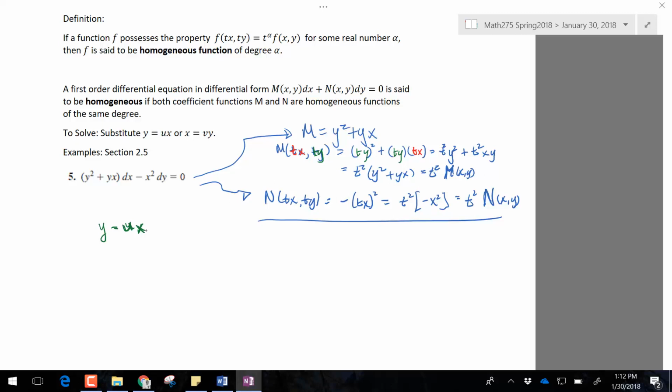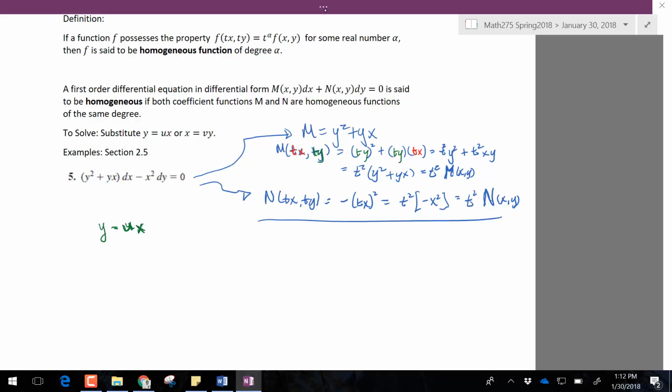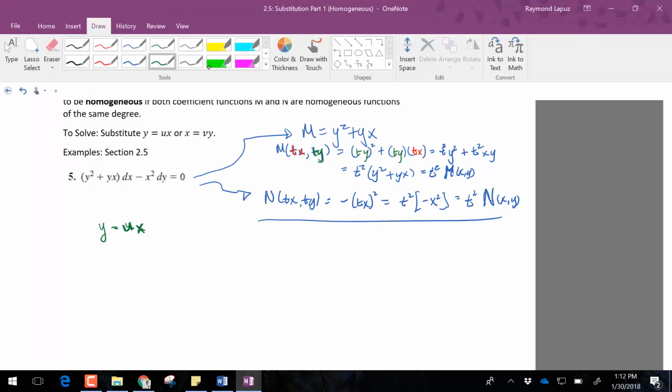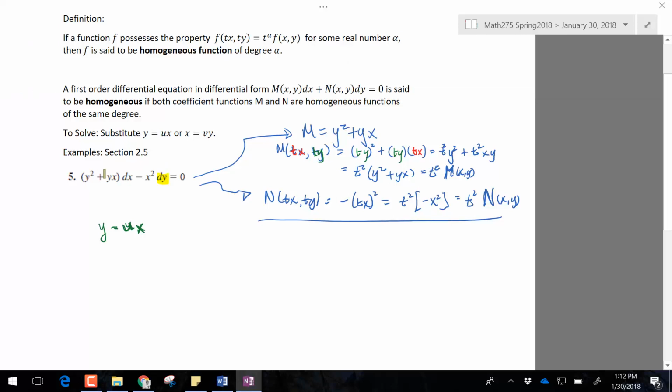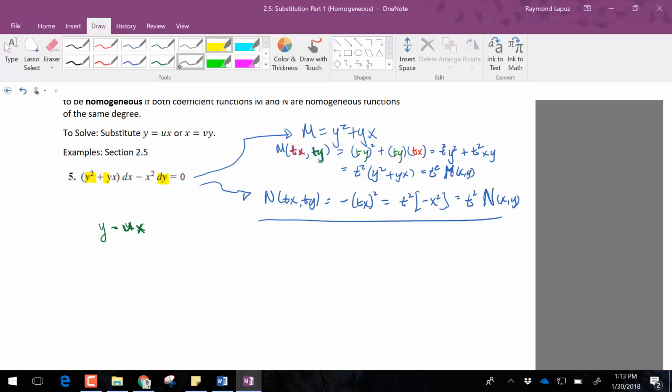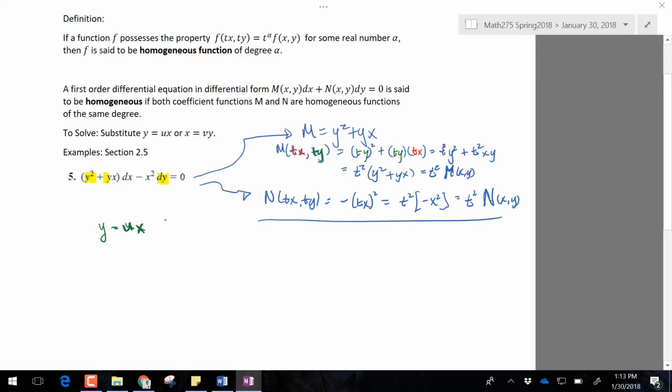And what's that? I need to replace the dy. So I can replace all the stuff with a y in it with u times x. But I also have to consider what dy is equal to and replace that. So that means I need an expression for dy.